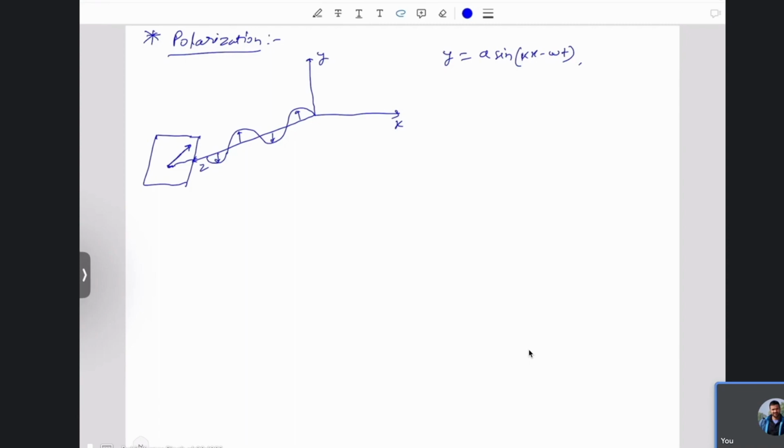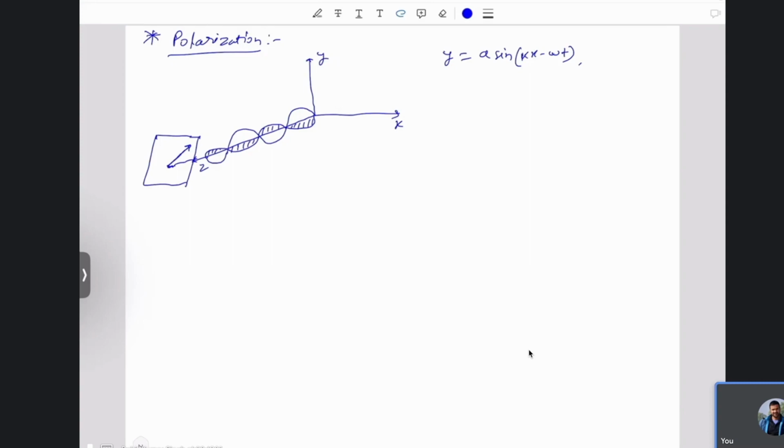Or what you can do is, if you have two plane polarized lights, one in the y-axis direction and another in the x-axis, something like this. Let me change the shade. So this one is in the x direction.